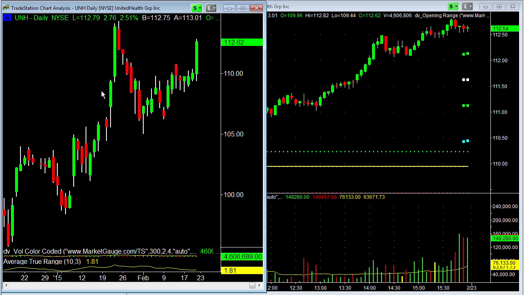This thing has had some really big up moves, which is why I said I was interested in it from a swing perspective. It had a pattern that was conducive to a resumption of a swing trade. Today would have been a really easy day to buy it against the low.